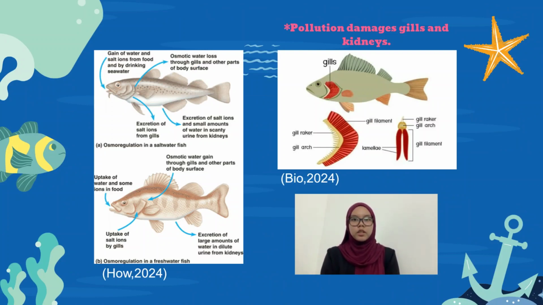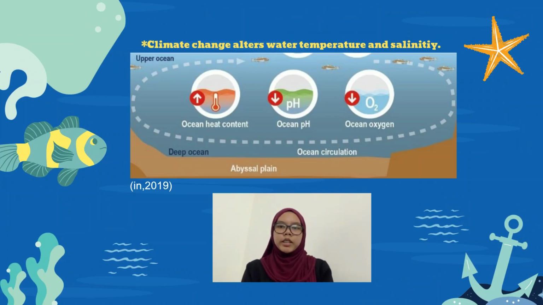How does it happen? Firstly, pollution such as heavy metals, pesticides, and industrial waste can cause damage to fish gills and kidneys. Since gills are important for ion exchange in fish, any damage will reduce the efficiency of osmoregulation. Secondly, climate change can increase water temperature and alter salinity levels.